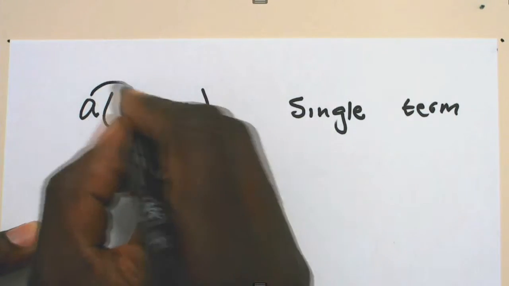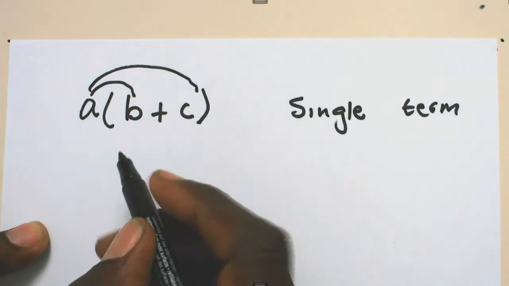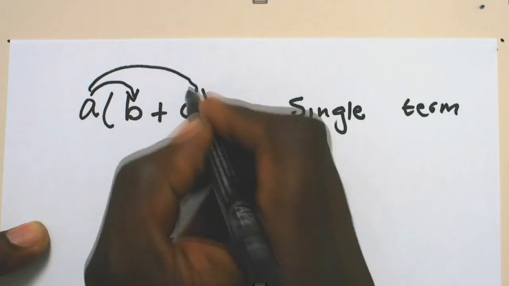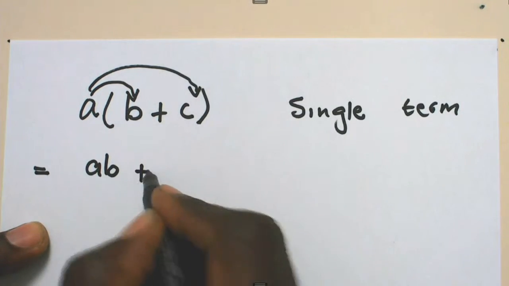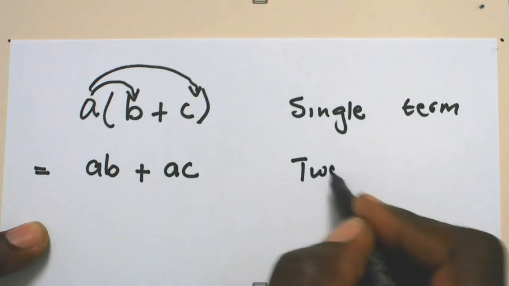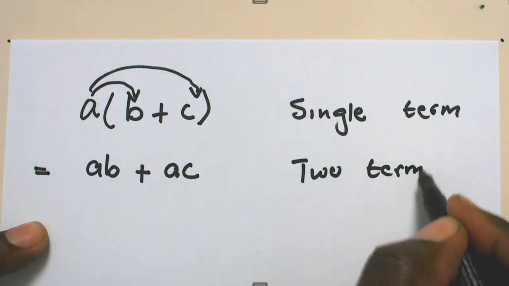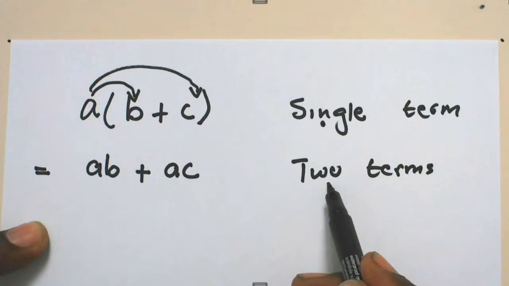You merely multiply A by B and A by C. That gives the result AB and AC, the products. Here we have 2 terms. From a single term, you're going to have 2 terms.